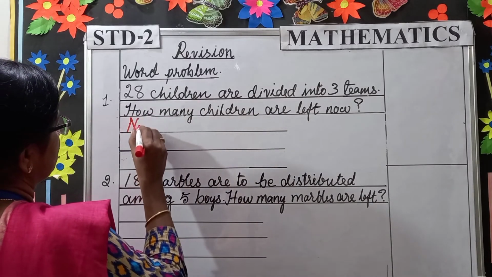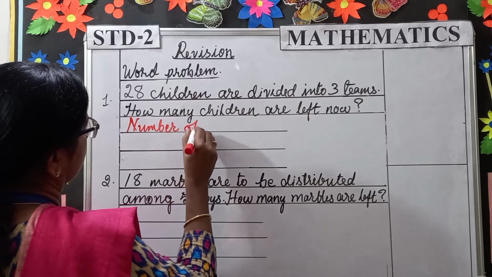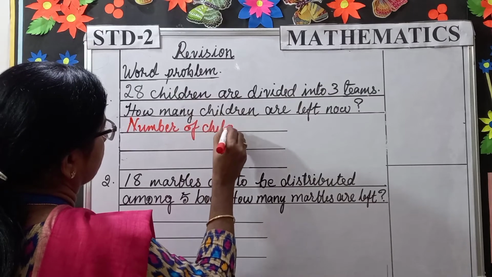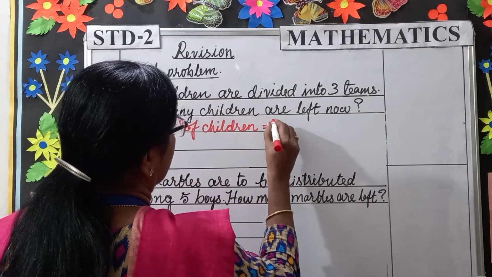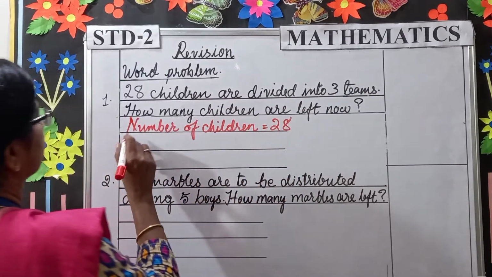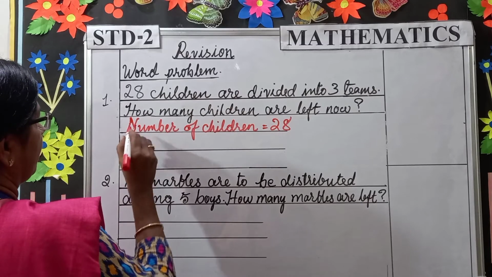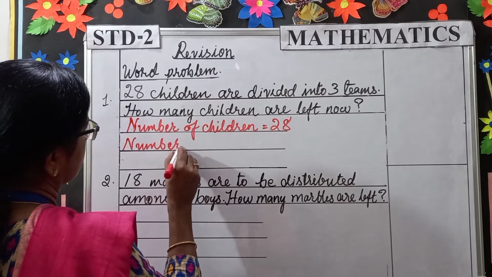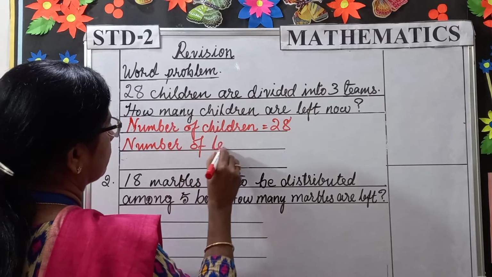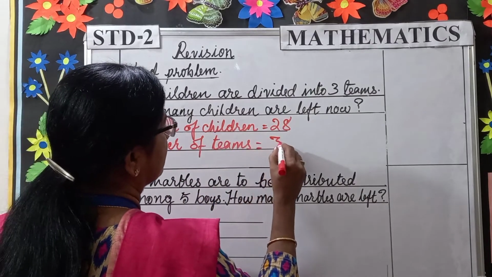So you have to write number of children. How many children? 28. Next one. How many teams? So, number of teams. Number of teams is 3.